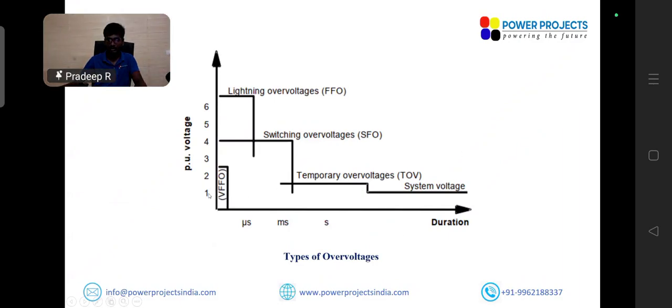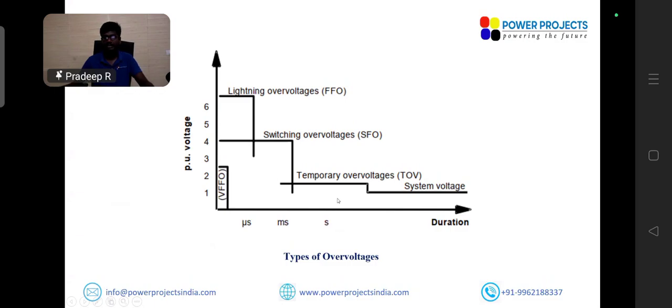TOV is only a little bit higher, 1.05 or 1.1 per unit. This is the basic continuous system voltage, and this is the little rise in TOV, during the TOV events.